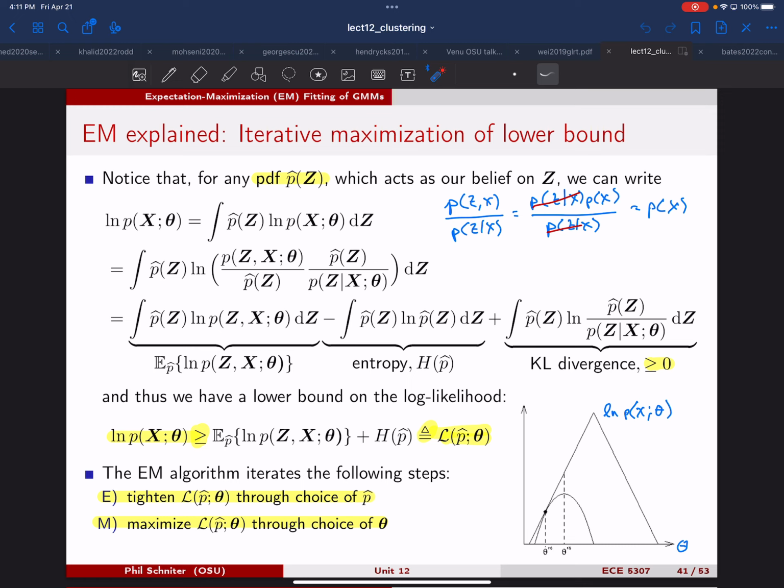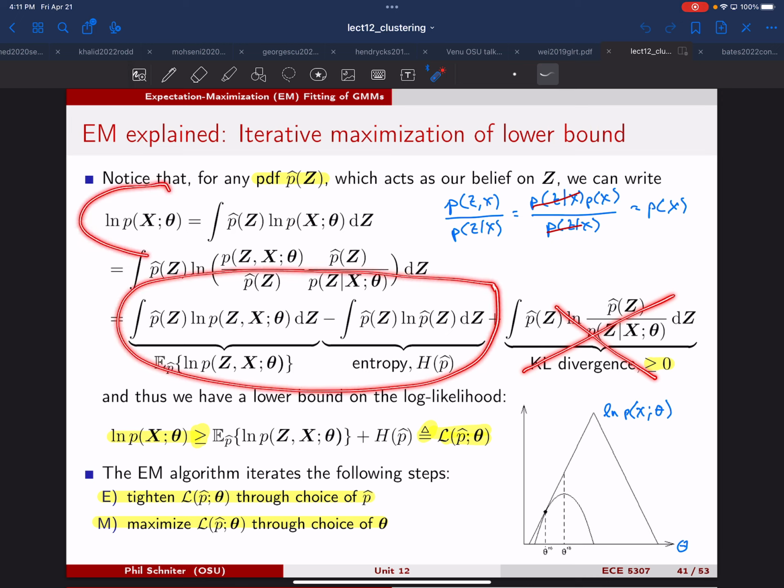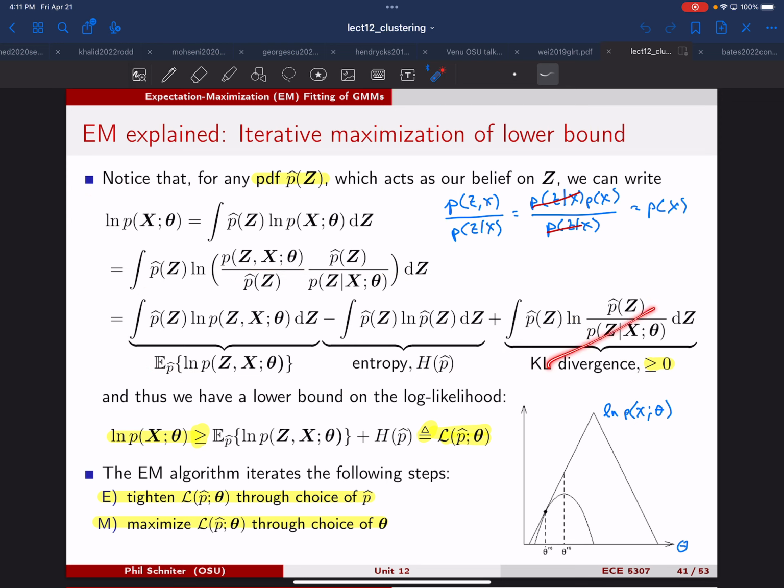And so what that says is if we get rid of this term, that means this is smaller than the likelihood because we've gotten rid of something that's non-negative, or at least this is a lower bound to the likelihood. And so that gave us this interesting scheme where we iterate between tightening the lower bound and maximizing this.